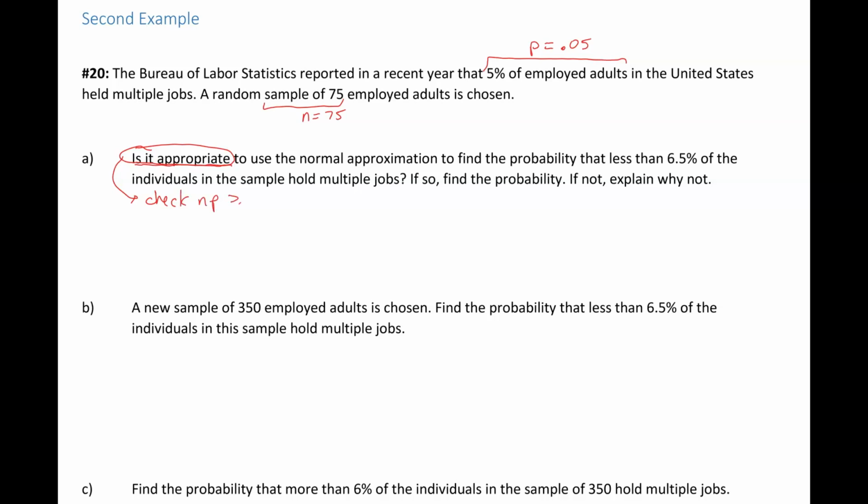NP, see if that is greater than or equal to 10. And then also we have to check N times the complement, 1 minus P. Is that also greater than or equal to 10? So let's do that. N times P would be 75 times 0.05.